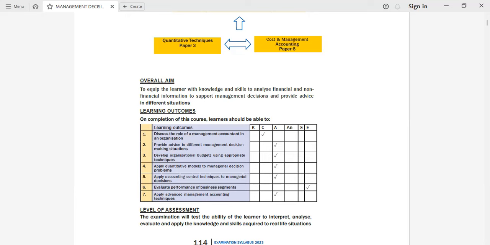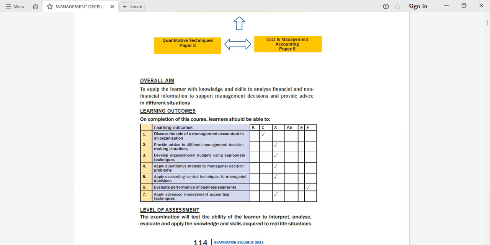It's what we are going to be looking at. And we have seen many papers being merged, but MDC is still standing. It's like it's not going to change. The way it was is the same way it is now. It means it's a paper which is very relevant for the CPA qualification.